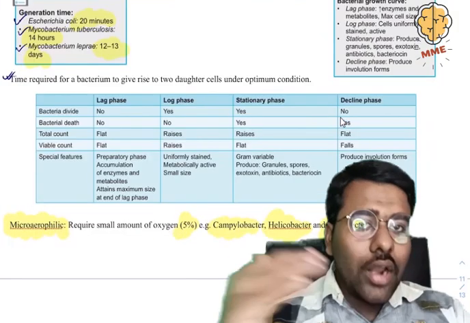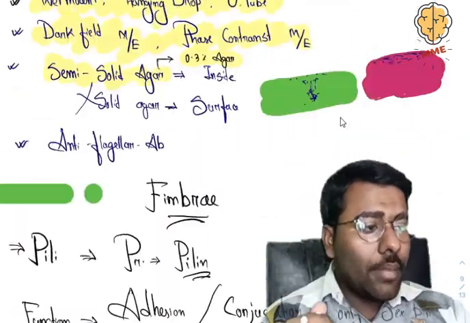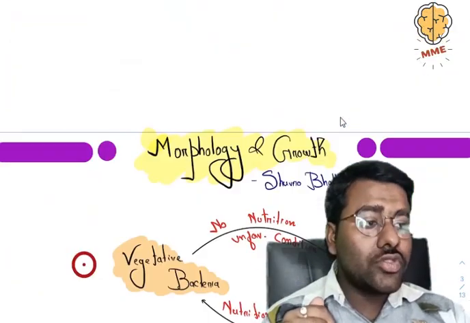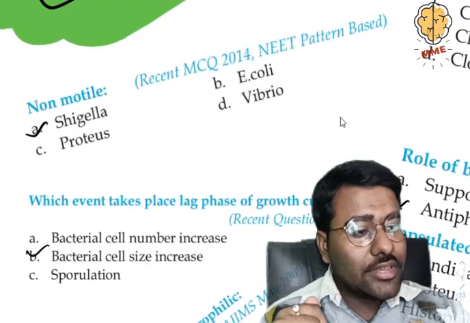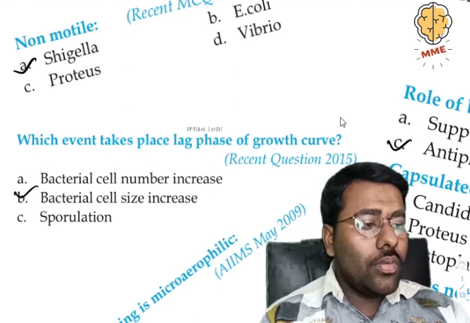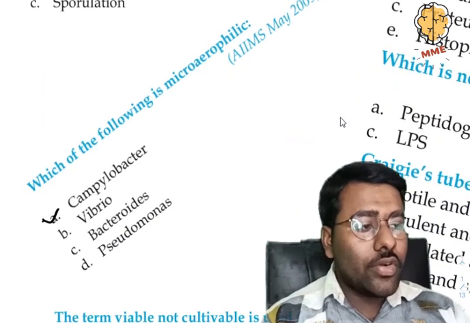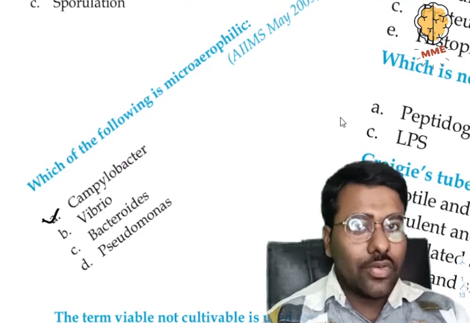So this is all about growth and morphology. Now coming to the previous year questions, and you can solve each and everything. First, non-motile. Next question, what happens in the lag phase? Cell size increases. After that, what is microaerophilic? Campylobacter.